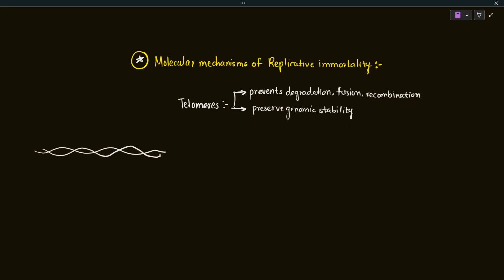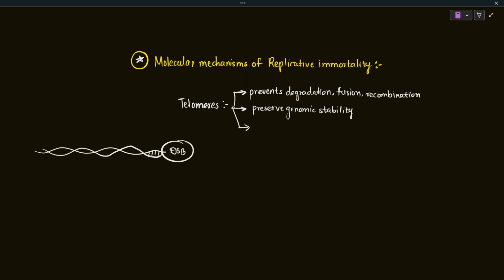Wherever DNA ends, this can be considered a DNA double-stranded break. So telomeres prevent the recognition of those ends as double-stranded breaks by the enzymes, and this helps in preserving genomic stability.